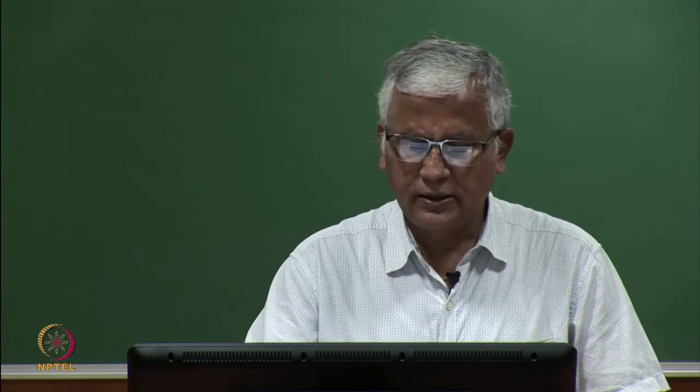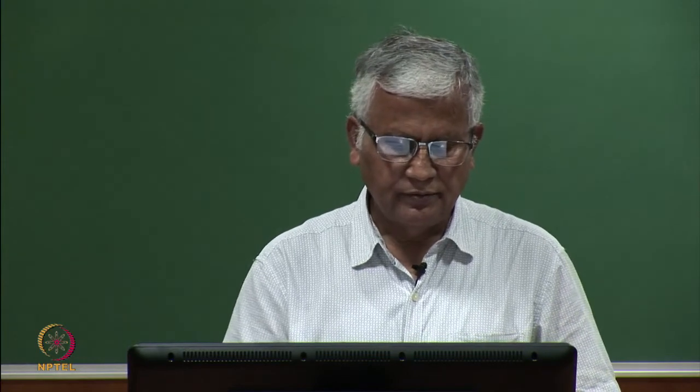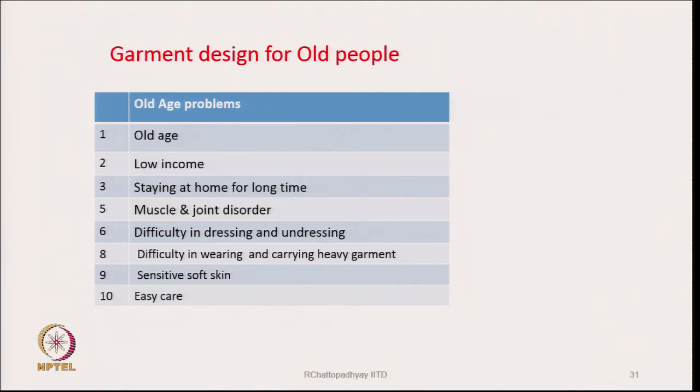Old people generally do not like to wear heavy garments. It appears that it is quite heavy and they generally discard it. Generally, they look for lighter garments. Sensitive and soft skin, and they need something which is easy care.